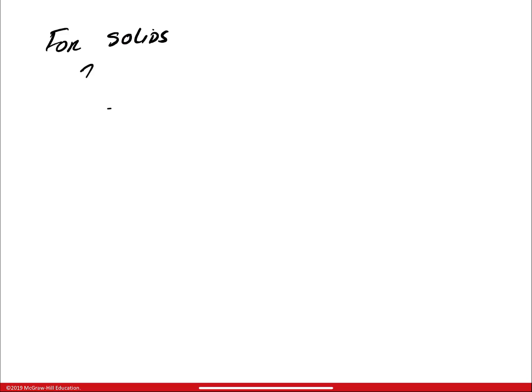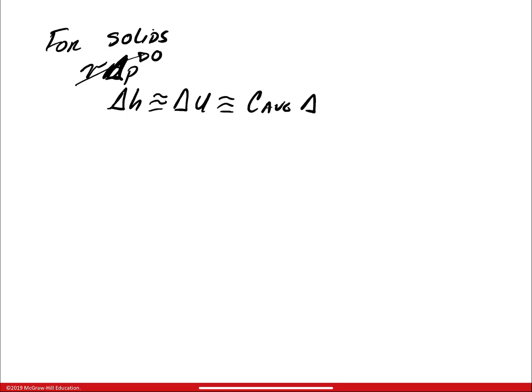For solids, my v delta P is 0. There's no change in those, and therefore delta H becomes close to delta U, which is close to C average multiplied by delta T. Simple.